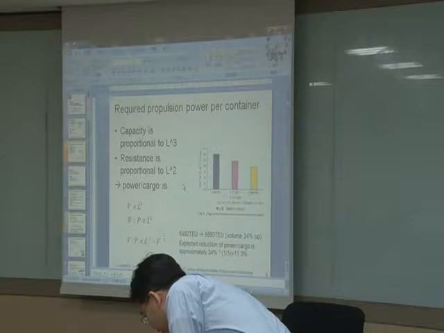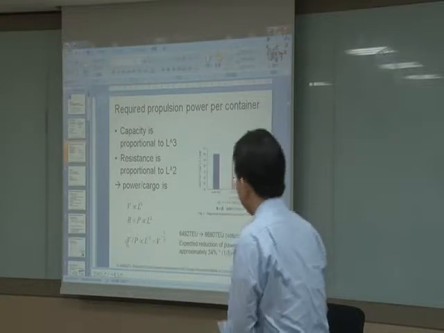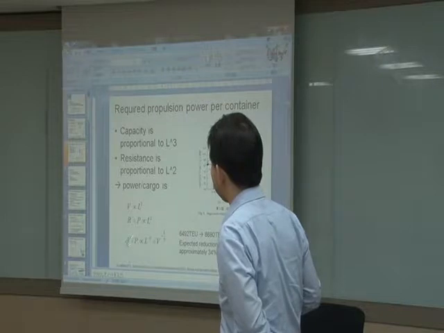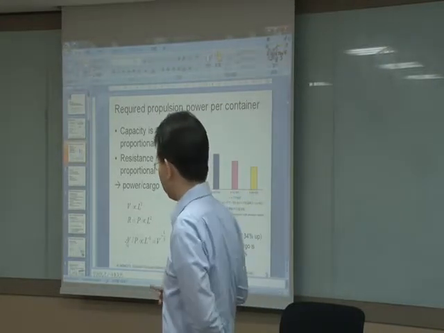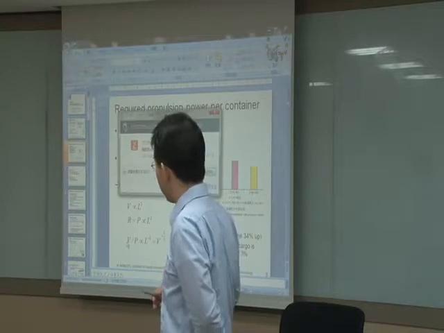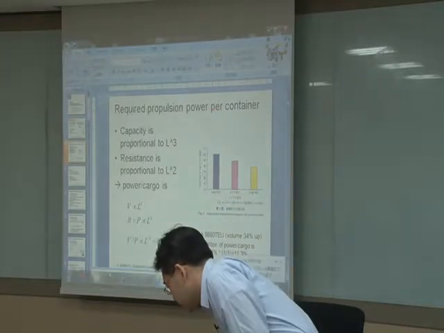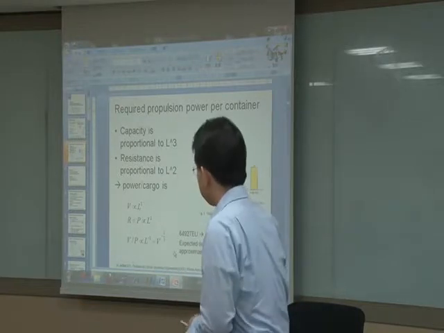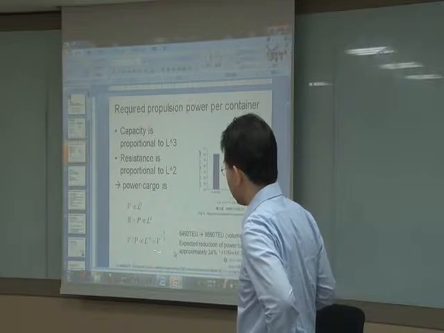I modified this slide, but actually, I checked. This should be power divided by volume because I want to show you the cost per TEU. So let me check later. But the result is the same.